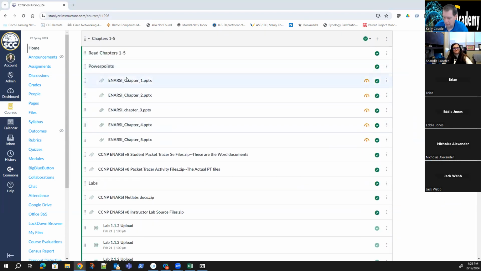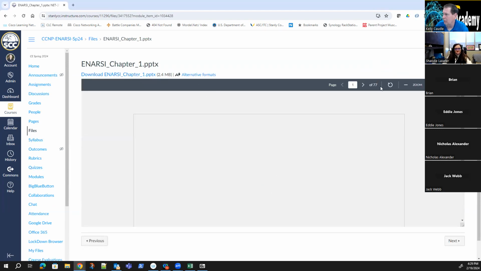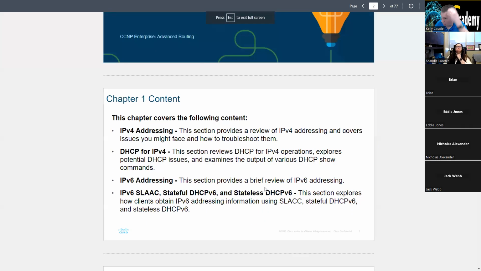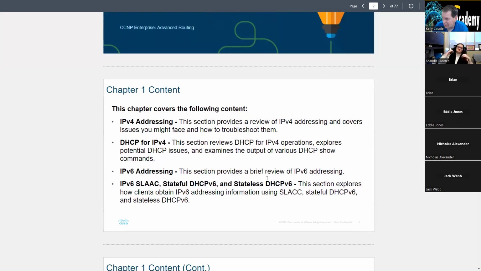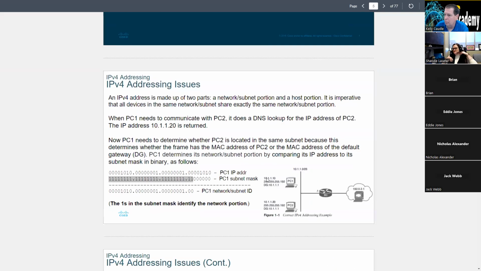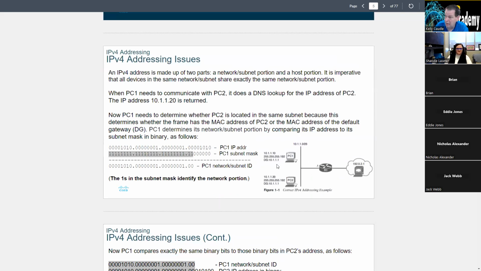I'm just going to jump quickly into module 1. I'm not going to spend a lot of time here because, quite honestly, this is things you should pretty much already know. It's all about IPv4 addressing, IPv6 addressing. Big things here, DHCP. Everybody knows that a PC takes its IP address and applies its subnet mask to find what network it's on.